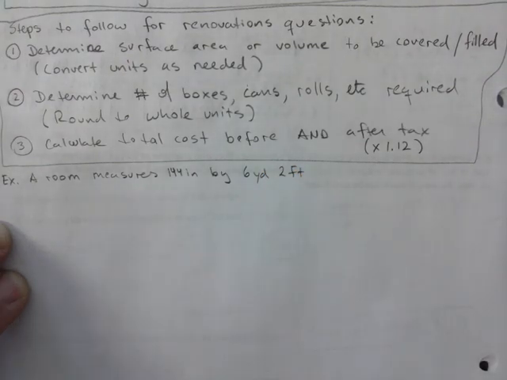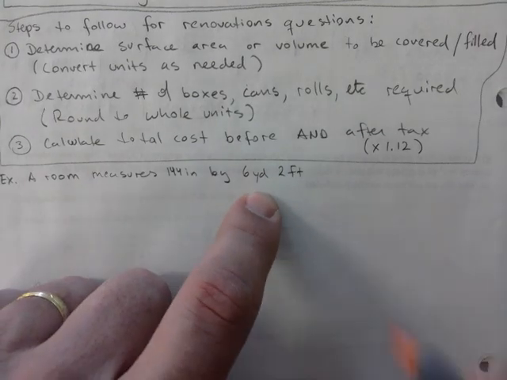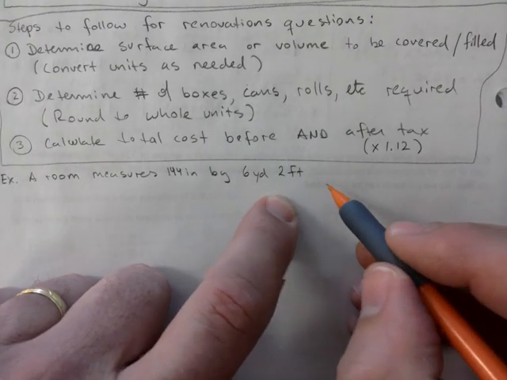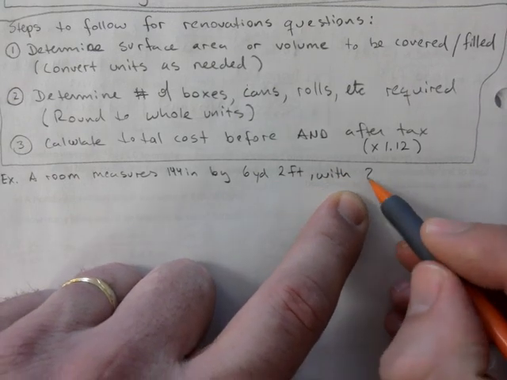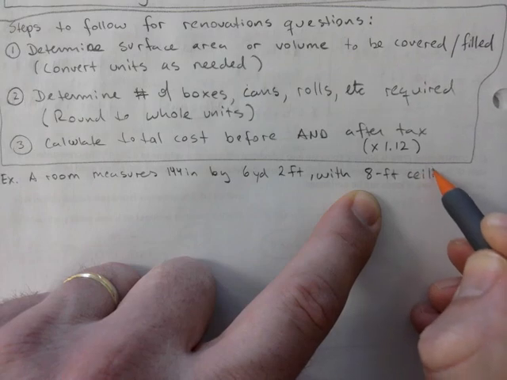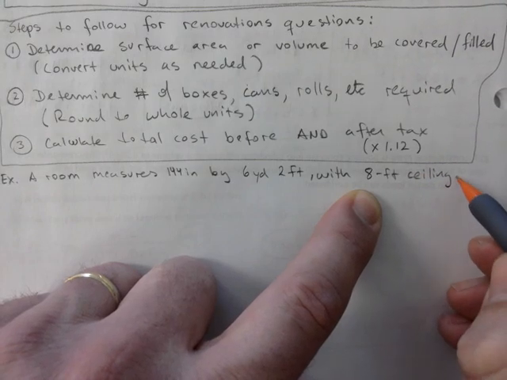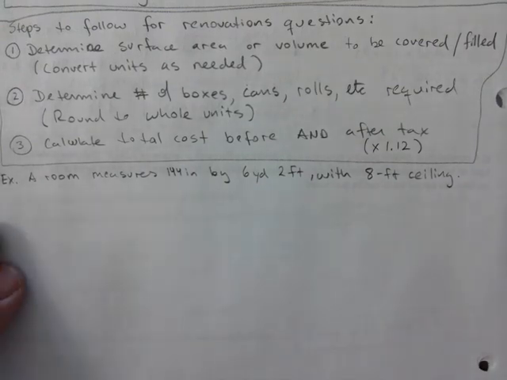Why would somebody measure a room like that, you might ask? I just do that so that we have an opportunity to do some conversions, right? So it's 144 inches by 6 yards, 2 feet, with an 8 foot ceiling. I'm writing small and summarizing somewhat so that we have room to work things out.